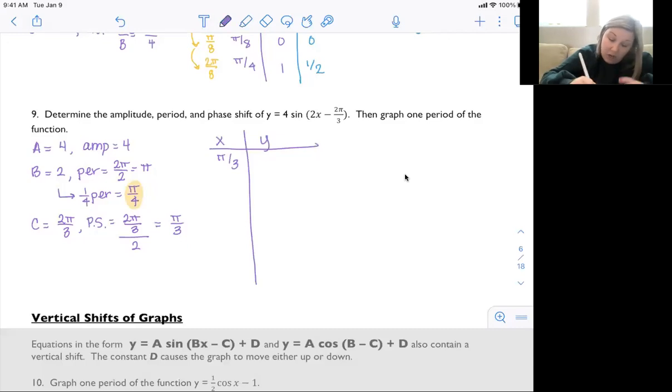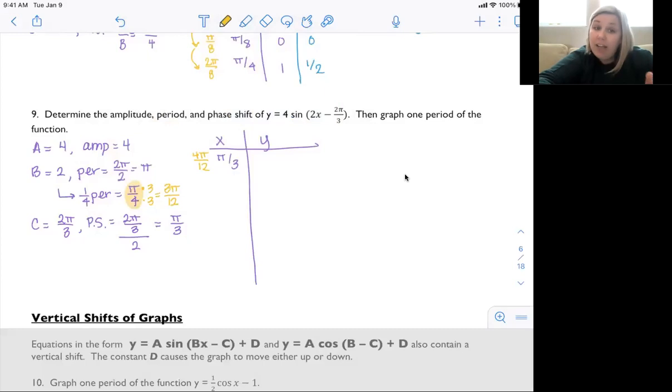Now I'm going to have to change both of these to 12ths to make that happen. So I need to multiply this guy by 3 over 3. That makes 3 pi 12ths. And I need to multiply this guy by 4 over 4. So that makes 4 pi 12ths. Now you're going to add 3 pi 12ths, 3 pi 12ths, 3 pi 12ths until you get 5 points. Then go back and reduce them.